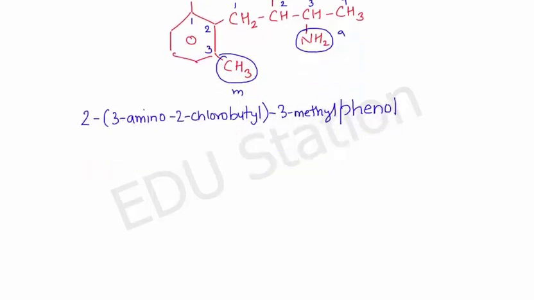Now we'll see how we represent bond line. Say we have butane, which is CH3, CH2, CH2, CH3. In bond line, we can simply write butane like this.